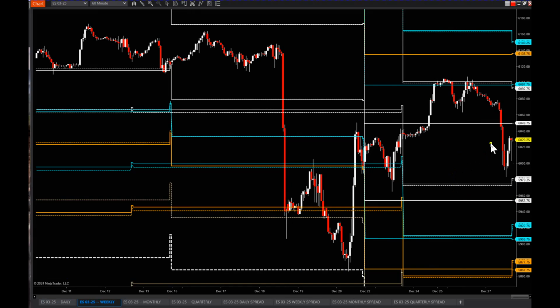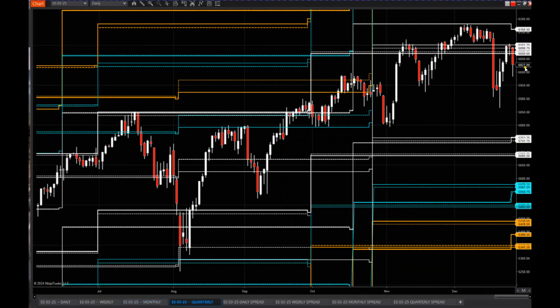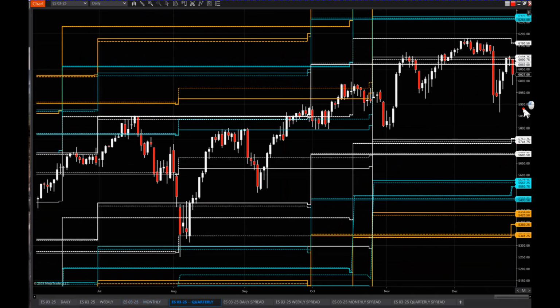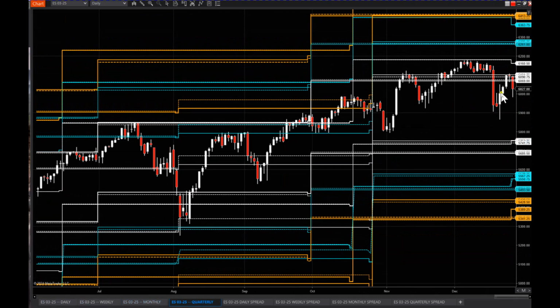You can see here we were right in the middle of the weekly range. And then we have the quarterly also. So you can see that they've got it inside the quarterly range, which is another reason for them not to break this upper one. But if they do, you can see they went to the top quarterly.